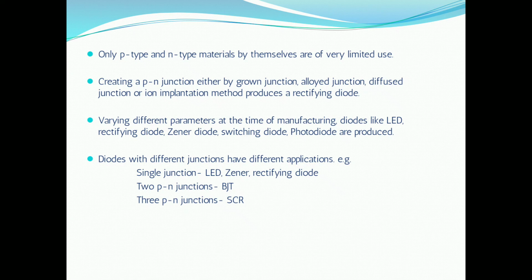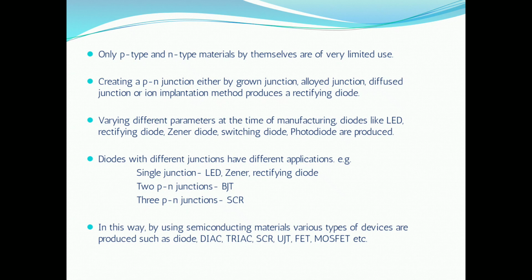So diodes can be formed with different junctions for different applications. If it is a single junction of p-type and n-type semiconductor, then we can form the LED, Zener diode, and rectifying diode. If there are two junctions, we can form a bipolar junction transistor. And if there are three junctions of PN, then we can form an SCR, that is a silicon controlled rectifier.